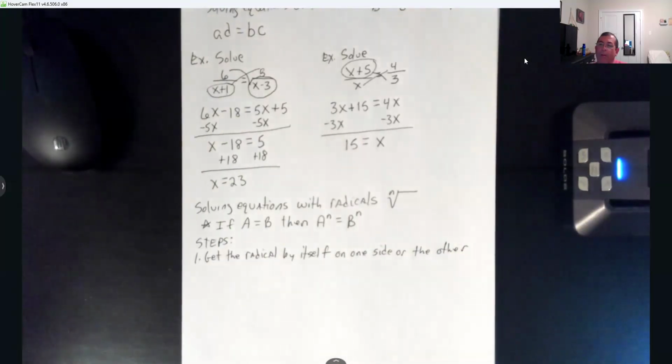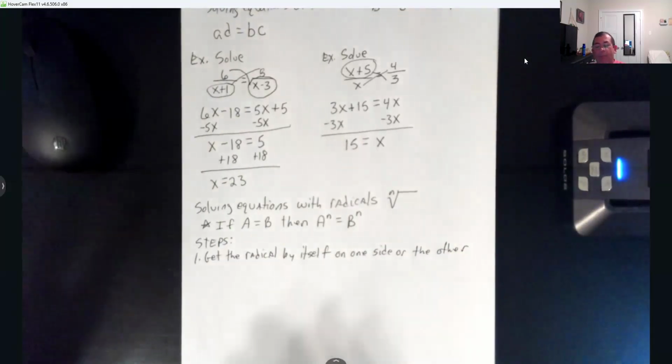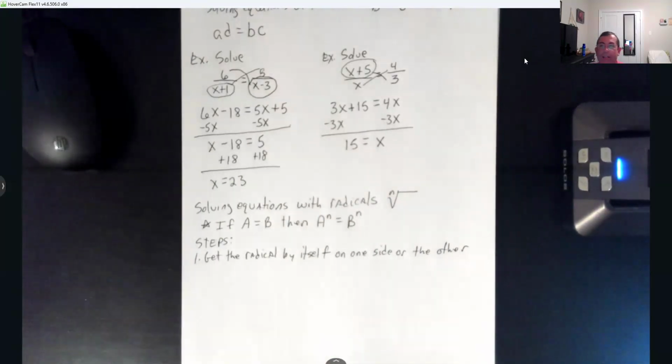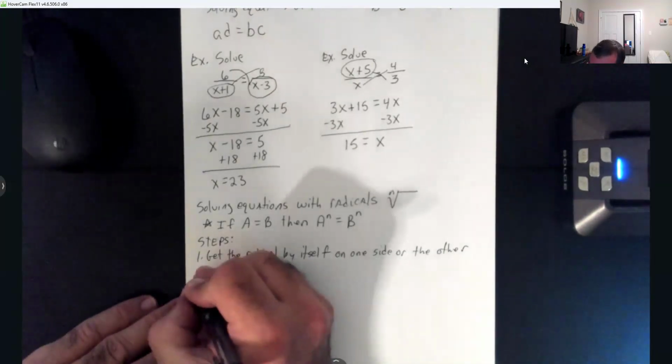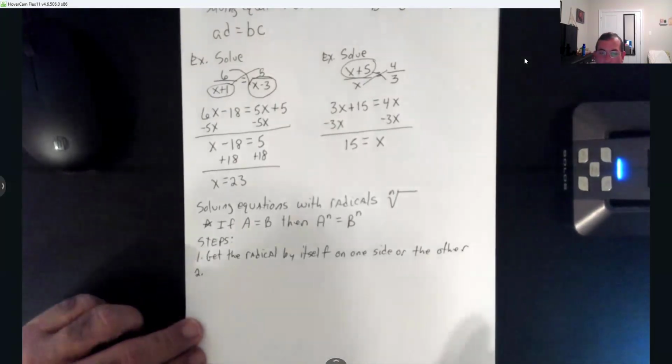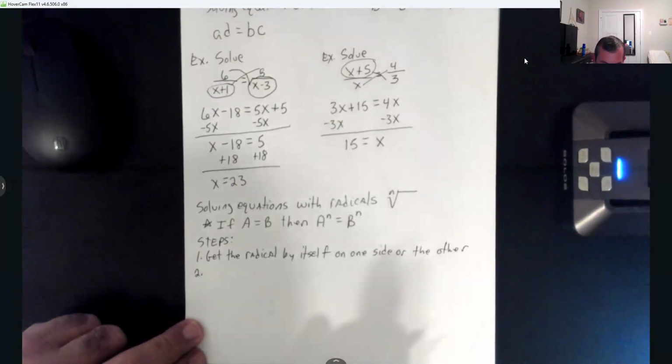But y'all, if you remember when we were solving that while ago, that's why first thing I tried to do was get that radical all by itself. Remember, we added and subtracted to get numbers moved over. So I'm going to get this radical on one side by itself, okay?